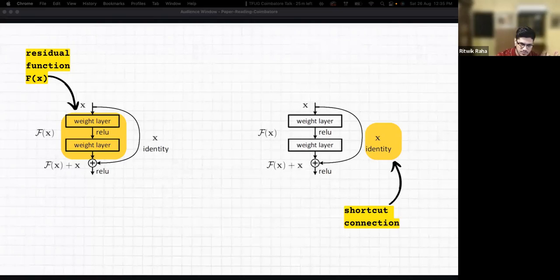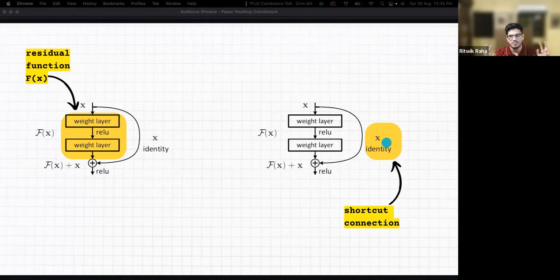So these are the two parts of deep residual learning. One is the residual function, which consists of the weights, biases and activation maps that need to be tuned, and the residual function needs to be learned. That's the part I've highlighted on the left of the screen. The other part is the shortcut connection, which is x.